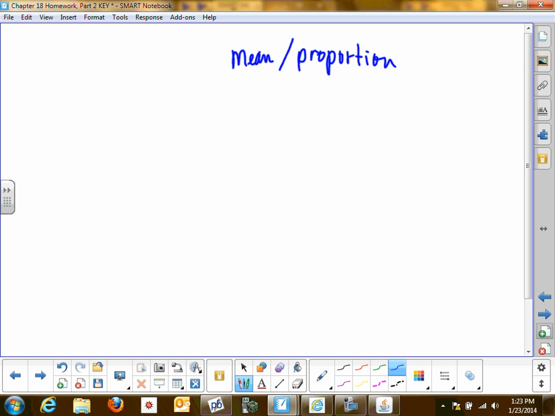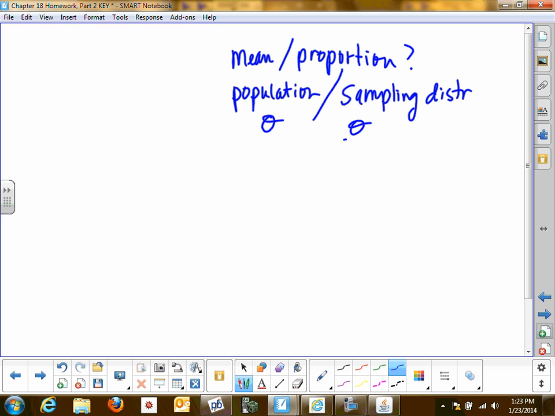Second, am I talking about the population distribution, the parent population, or a sampling distribution? The reason it's important is because the standard deviation will be different depending on which one it is. Those are the two things you have to assess before you get into computing a problem.